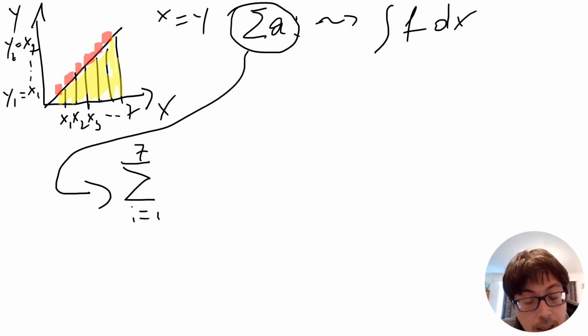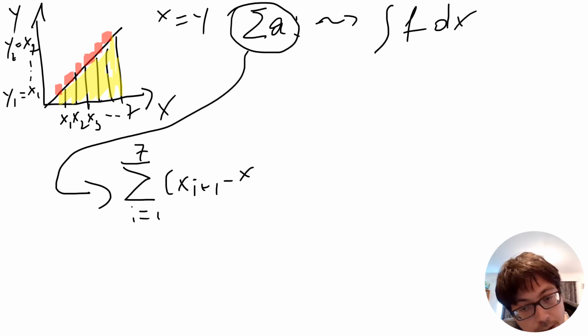And then we basically write the rectangle as an area. So the area is base times height, and the base of each rectangle is, I will convince you of that, x I plus 1 minus xi, times x I plus 1.